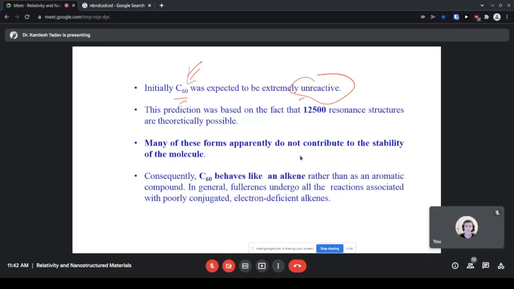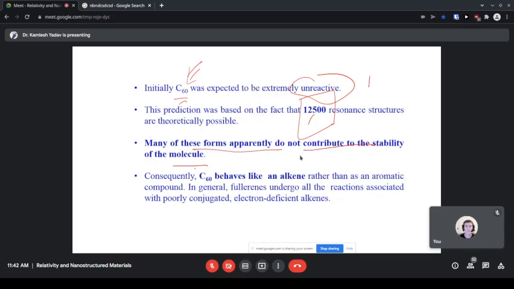If you write all the resonating structures, there will be 12,500 of them. It means it must be very, very stable. But experimentally, it was found that it is not very stable, because many of the resonating structures do not contribute to the stability of the molecule.